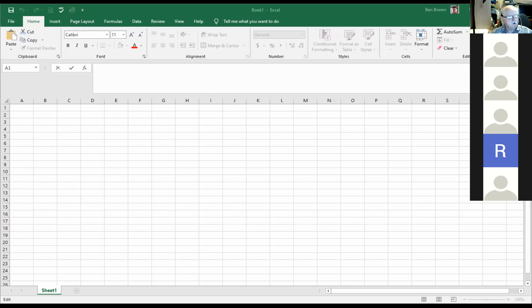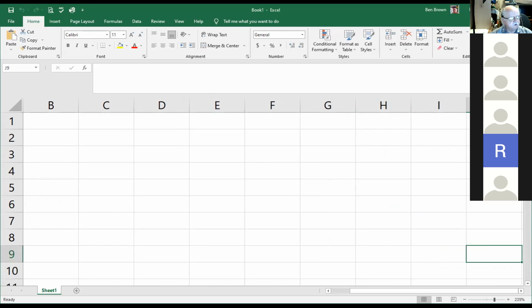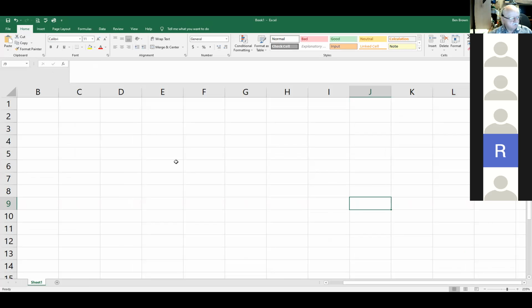So I'm hoping you can now see the Excel spreadsheet. Yes, sir, we can. Okay, so I've enlarged it a bit. And now the dates we were dealing with were February 19th.